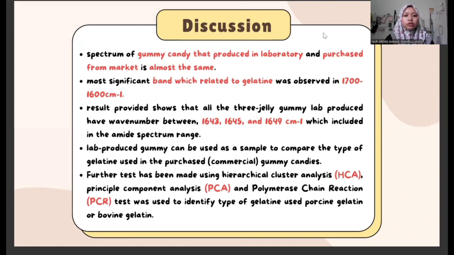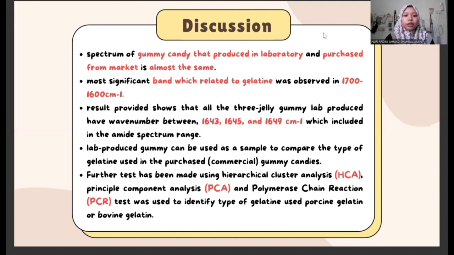The results show that all three jelly gummies produced have wave numbers of 1643, 1645 and 1649, which are included in the amide spectrum range. Lab-produced gummy can be used as a sample to compare the type of gelatin used in the purchased gummy candy.